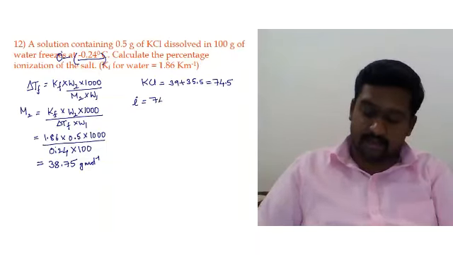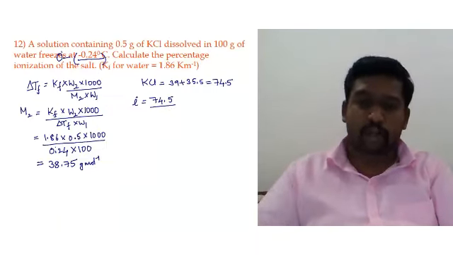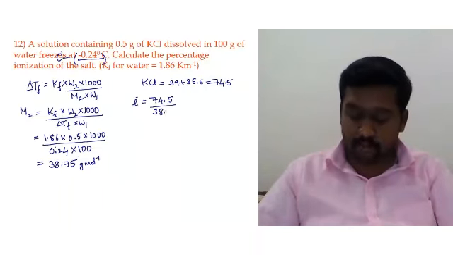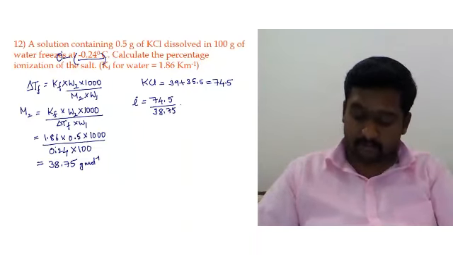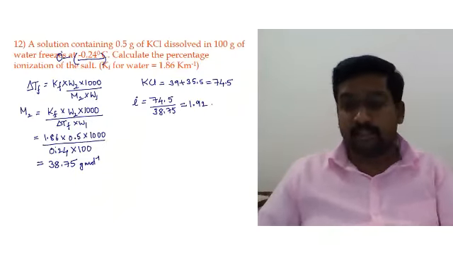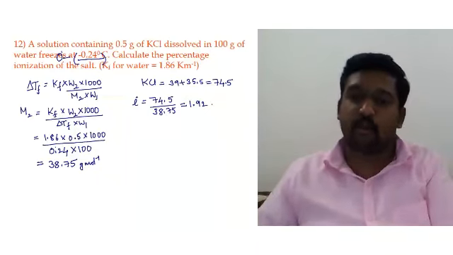It is 74.5, the actual molecular mass, or theoretical value, divided by the experimental value 38.75, which gives us 1.92. This is not exactly 2, it is 1.92, which means KCl is not 100% dissociated in water.